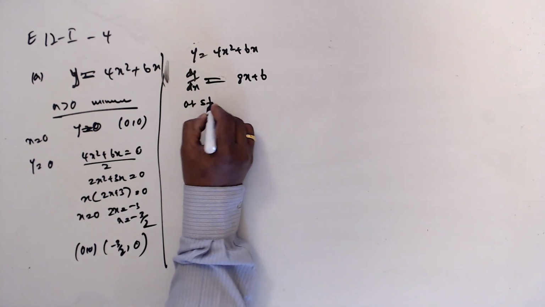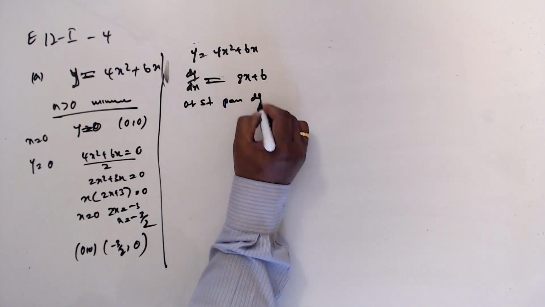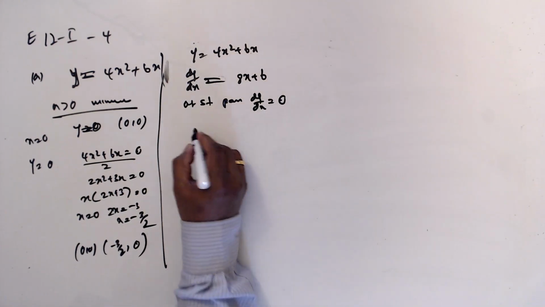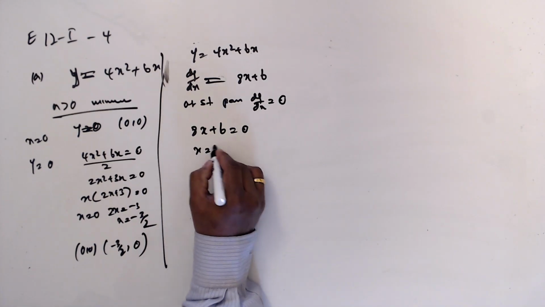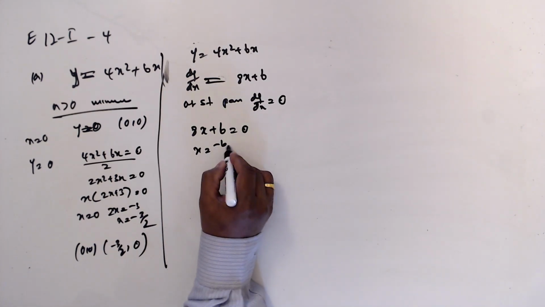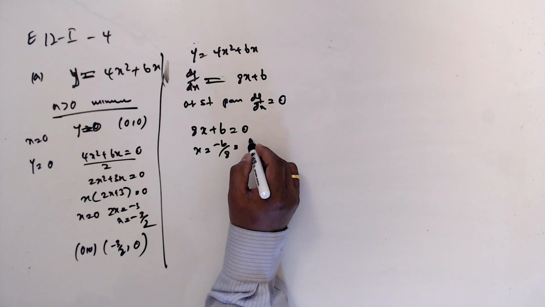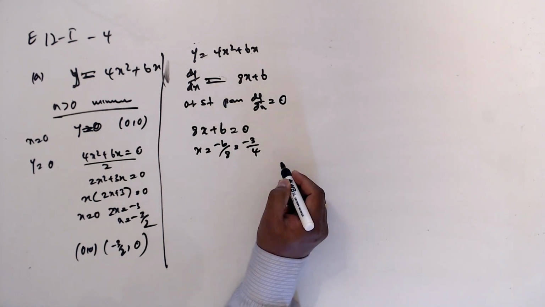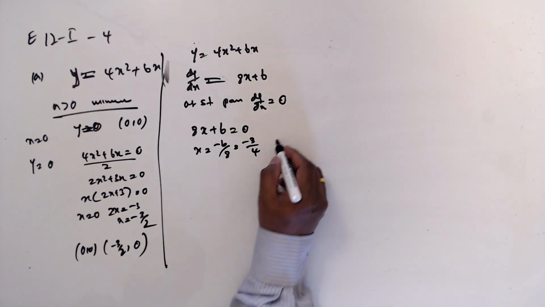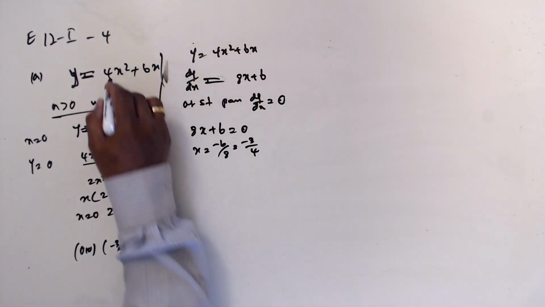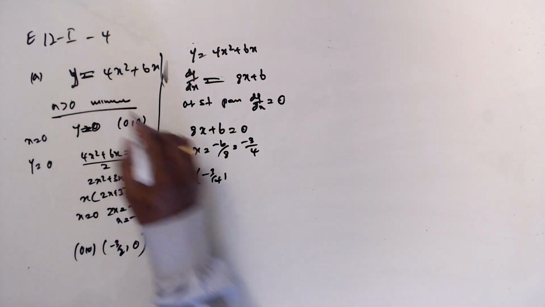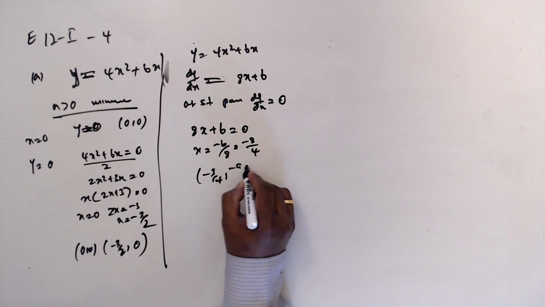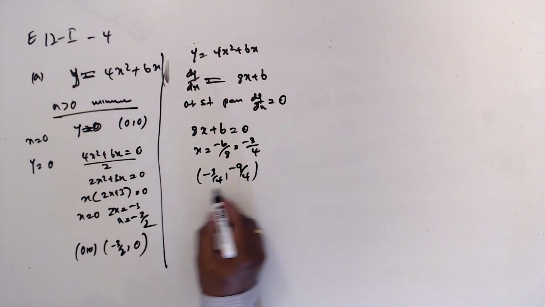At a stationary point, dy by dx equals 0, then 8x plus 6 equals 0. x equals minus 6 over 8, which is minus 3 over 4. And then the y value at this point is minus 9 over 4.